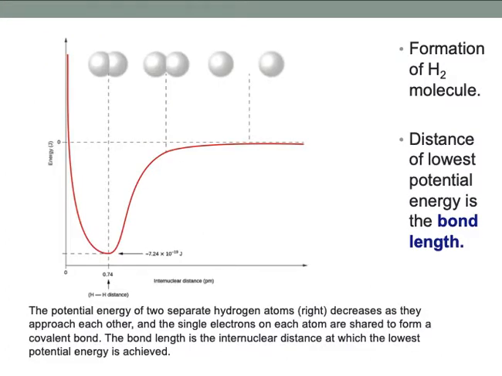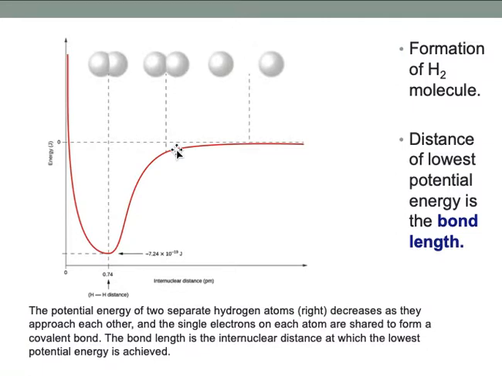What happens when we're forming H2? Well, if you start over here on the very right-hand side, we have 2 hydrogen atoms that are infinitely far apart, and there is no attraction between the 2 atoms. As we push those 2 atoms closer and closer together, they begin to feel an attraction to each other. And as they feel an attraction for each other, their energy is decreasing.